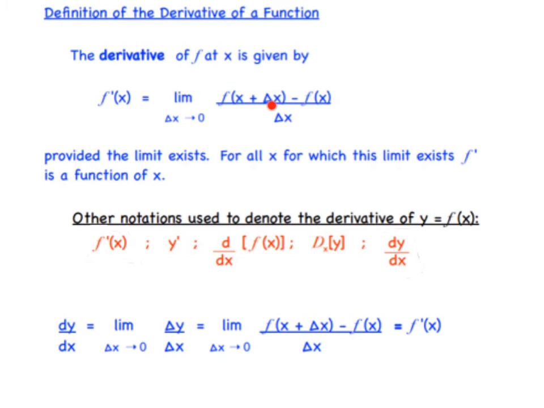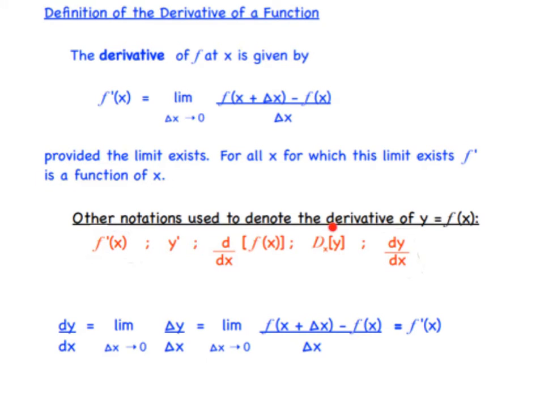Now remember, delta x is in the same place as h was. It's just that added piece that you add going from one point to the other on the secant line. Provided that the limit exists, for all x for which this limit exists, f prime, f and a little 1, is a function of x.